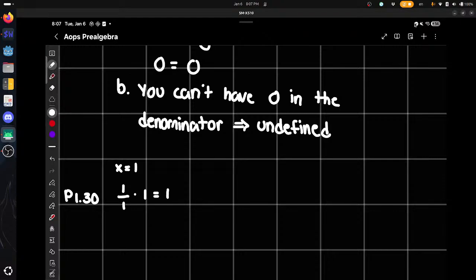Okay, so if we take the reciprocal of, well, we know that this right here just gives us 1, which is equal to that. So in other words, 1 over 1 is really just 1.